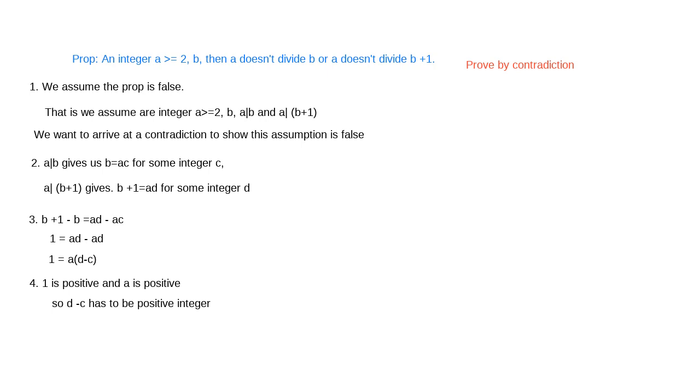So step 5, now let's divide D minus C on both sides. So we get A equals to 1 divided by D minus C. Think about positive integers. Here you don't have to write it, but think in your head. The smallest one is 1, 2, 3, and so on and so forth.